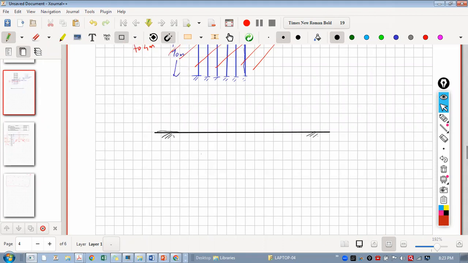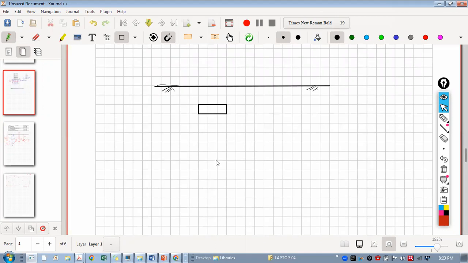Let's say this is the level of pile cap. And this is your pile. And above that there will be a column. Okay.